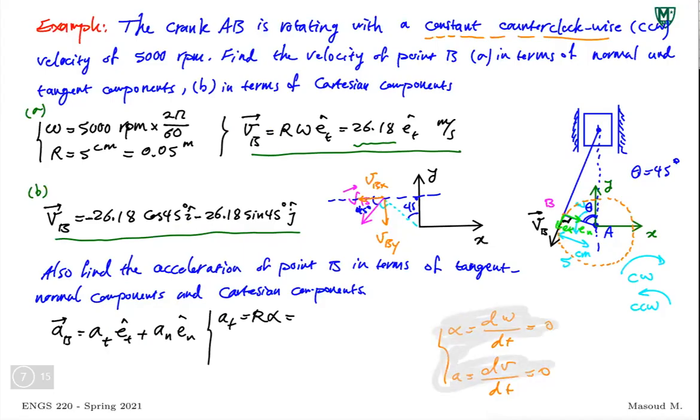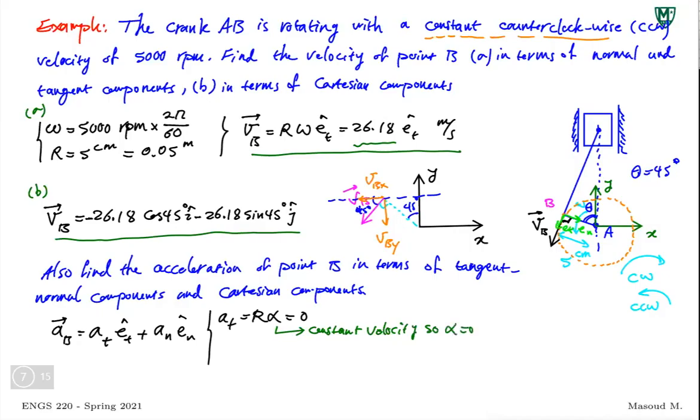But when you're dealing with motion on a straight line and you're told the velocity is constant, same story. So alpha is zero, because we have constant angular velocity.